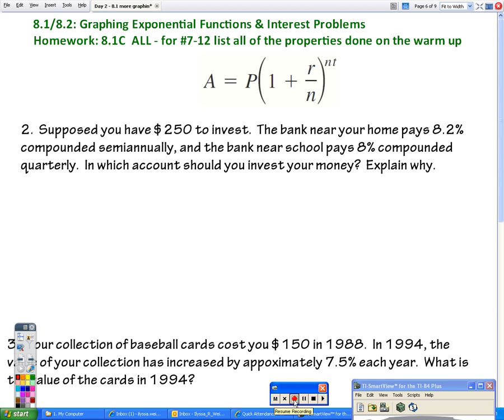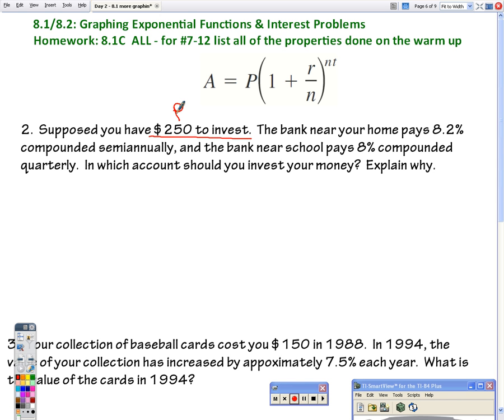Now for number 2, we're going to compare two accounts. We have $250 to invest, that's our principal. So we have the bank near home, which our rate is 0.082, and our compounding periods is 2 for semi-annually.